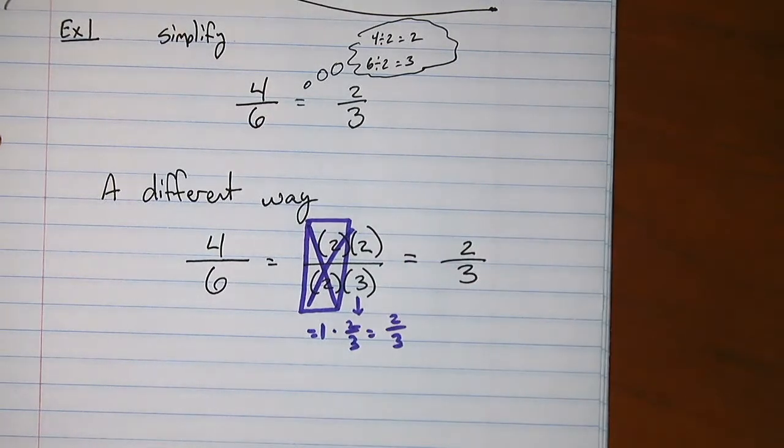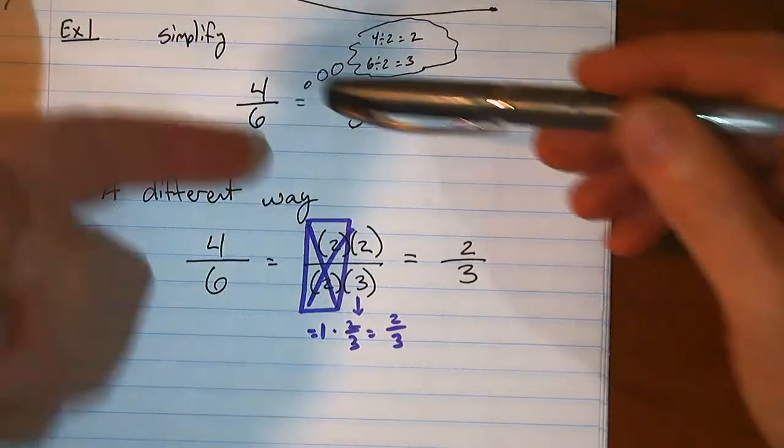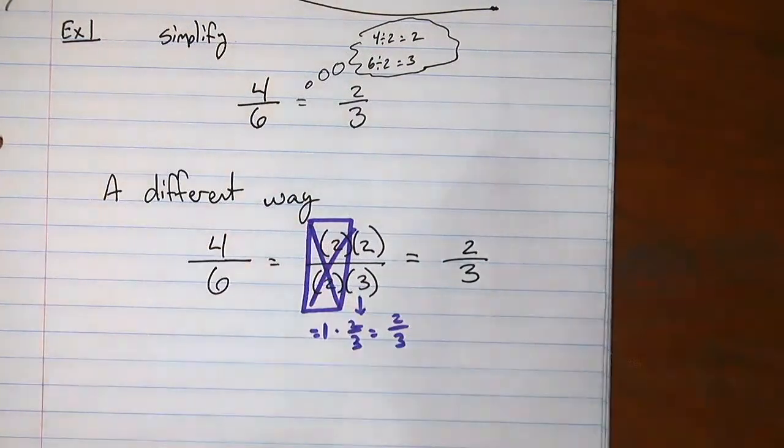the part that does not cancel. Okay, now again, I'm not suggesting that you change the way you simplify fractions with numbers and start taking 4 over 6 and rewriting it like this and simplifying it that way. That's not my suggestion. My point is that you could, if you wanted to, that this is a method that does work.